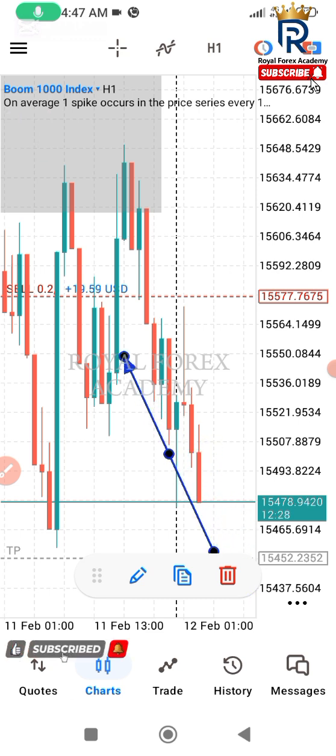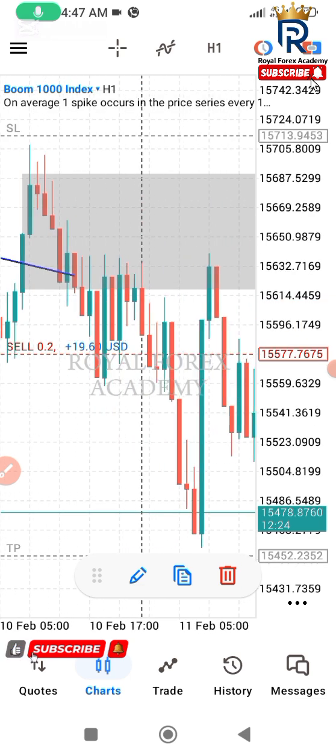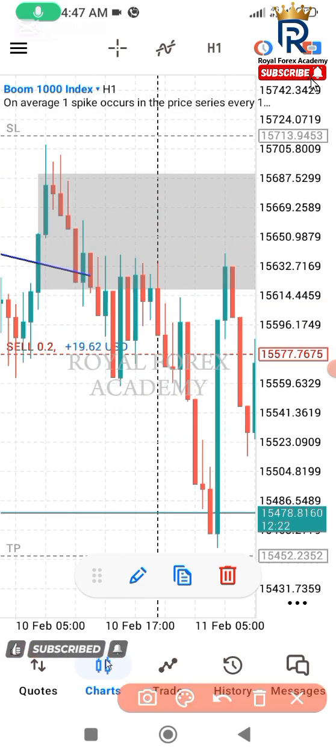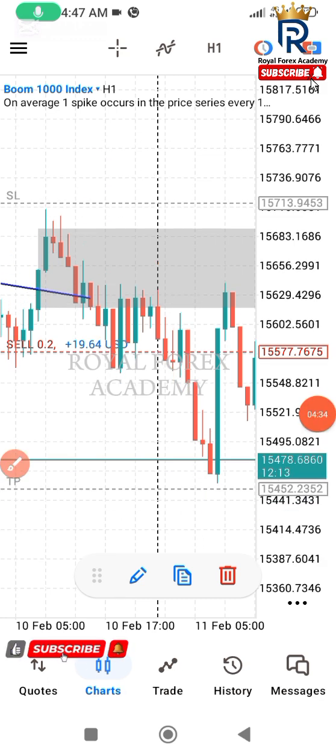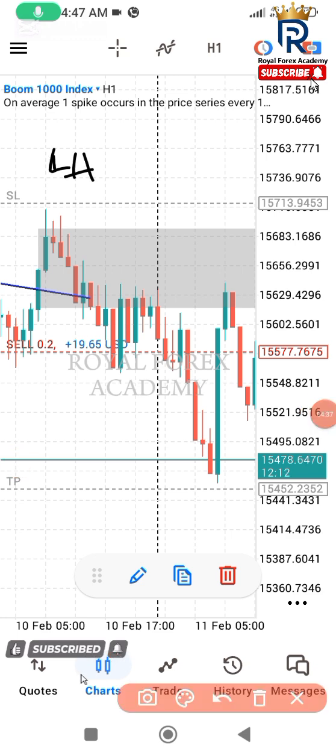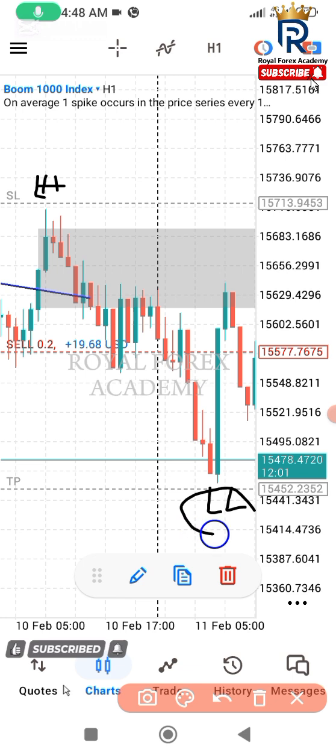So it is simple. And remember, in a downtrend, price is not allowed to take the liquidity of the lower high, while the liquidity of the lower low is only what is meant to be taken by price.